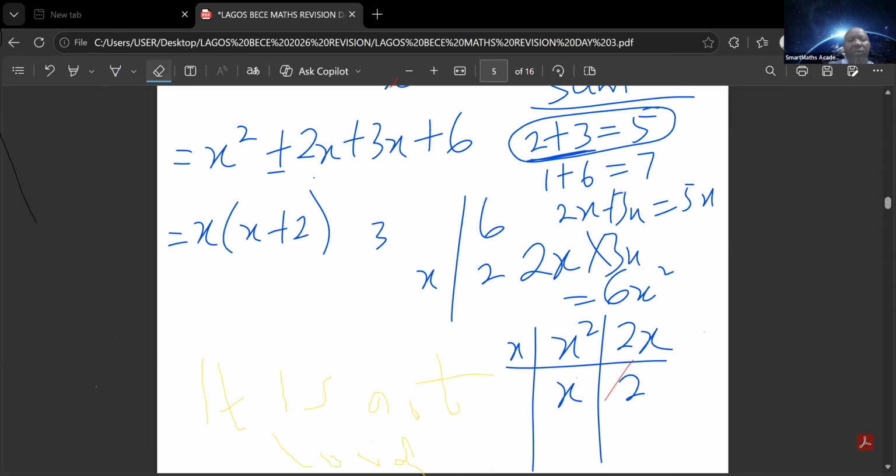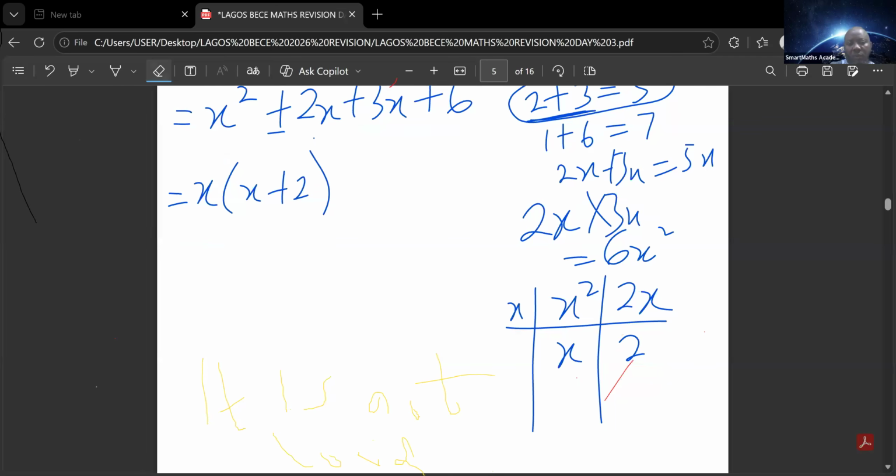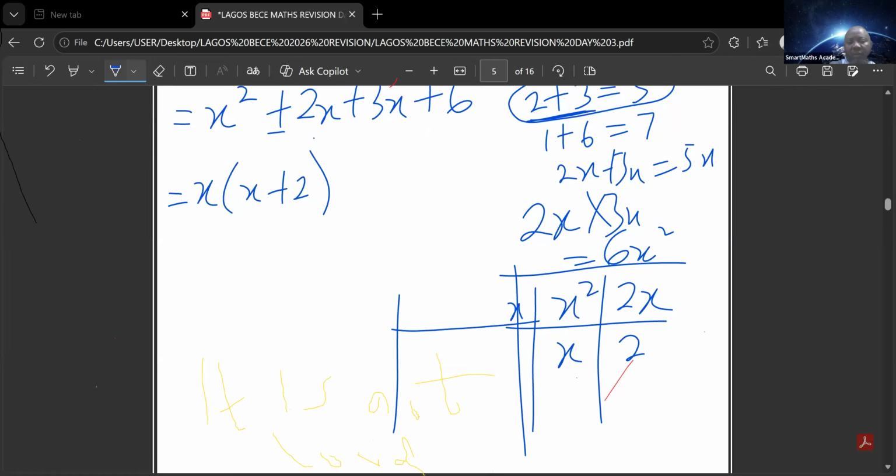Let me clean that and put it below, beside this one. So we have 3x and 6. 3 is common, so plus 3, open bracket, x plus 2.